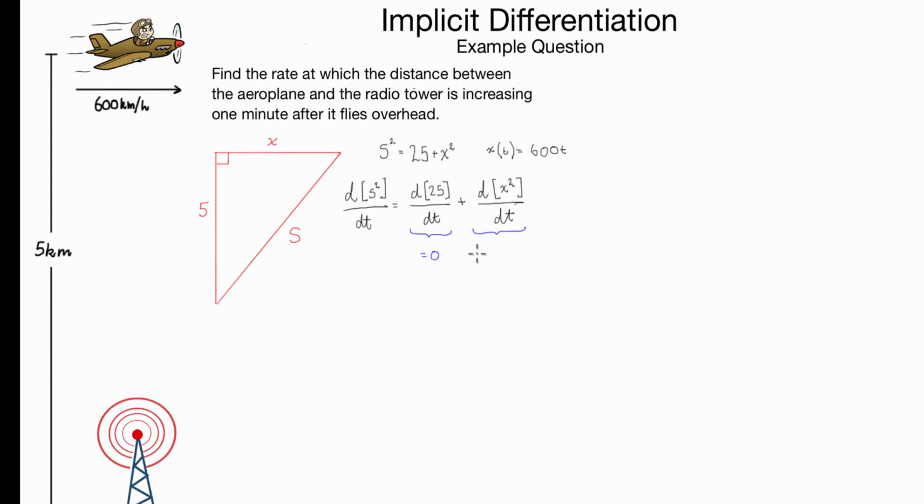This is going to equal d x squared dx times dx dt. So this is just the chain rule here, and these two rates of change multiplied together will give us the above rate of change.